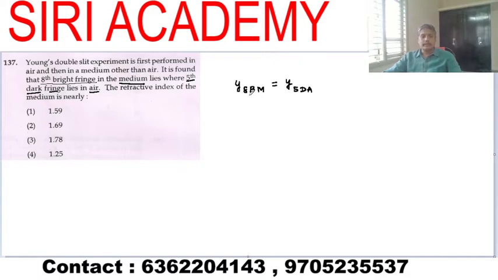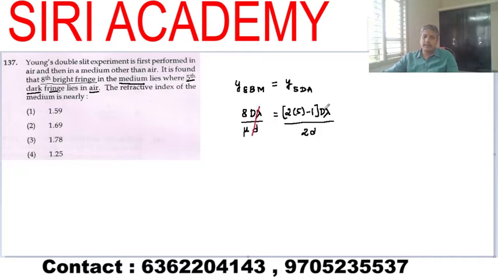So the fringe positions are given by 8 d lambda by d, and it is in the medium, so the fringe width decreases by mu, that is equal to (2 into 5 minus 1) into d lambda by 2d.